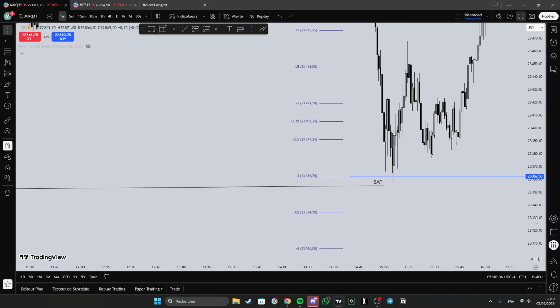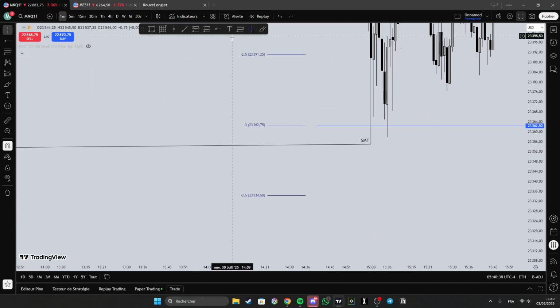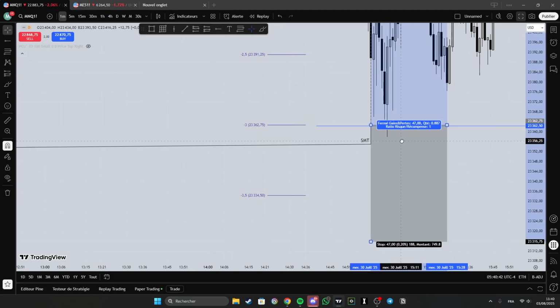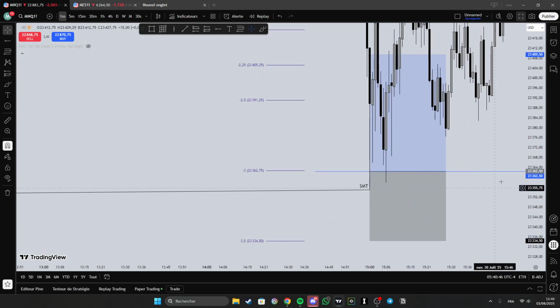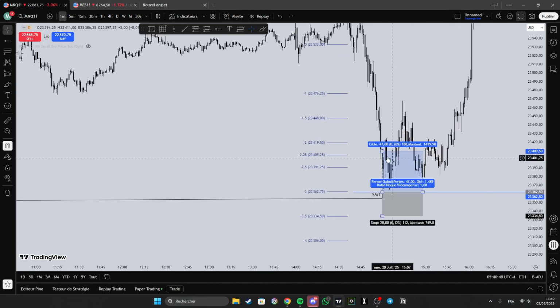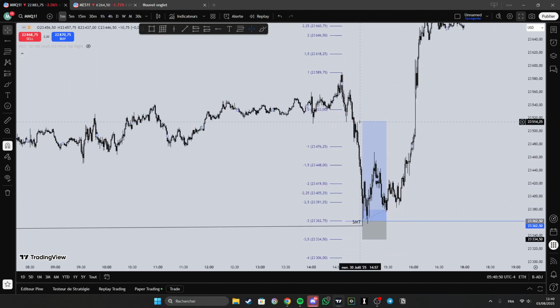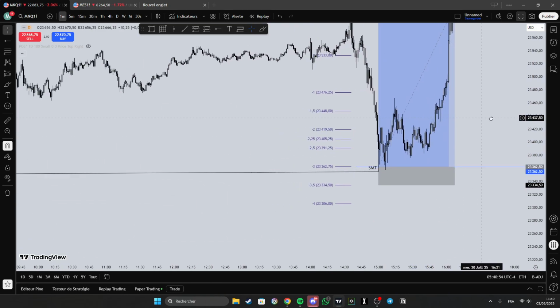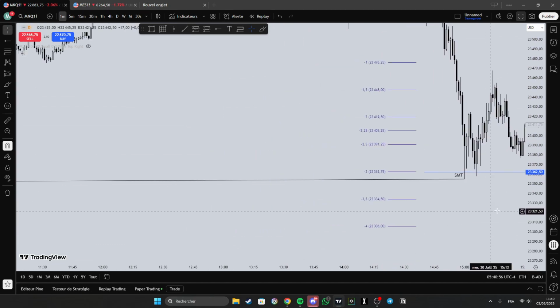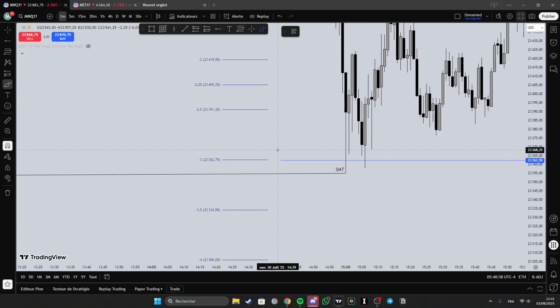Okay. As you can see, if you enter here on limits, you put your stop loss on the level just below, as you want, and then you have a beautiful bottom tick movement. This, guys, is absolutely crazy.